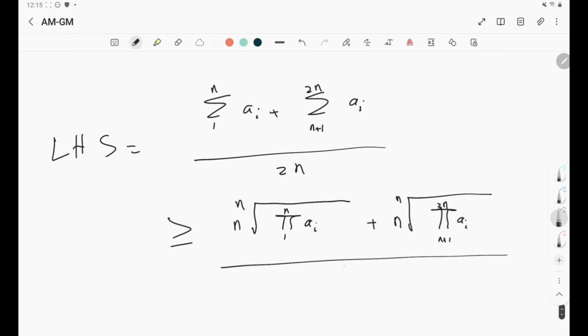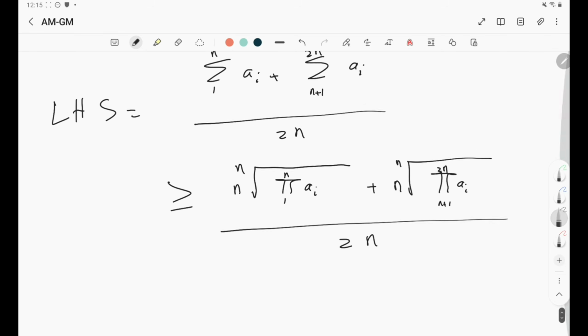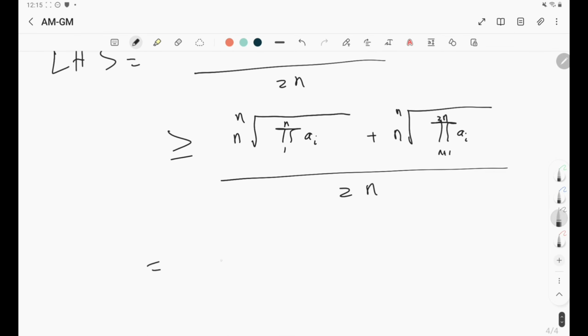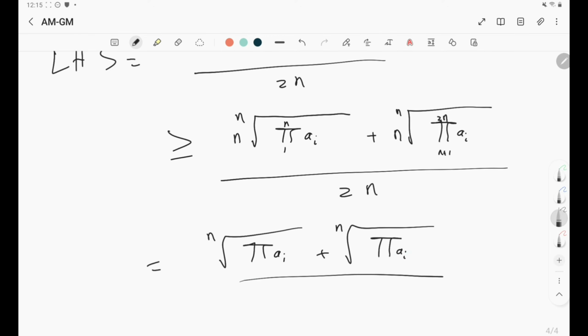All of that is divided by 2n, and now of course the n cancels the n. So now this is just equal to this plus this over 2, of course going from 1 to n and from n plus 1 to 2n.